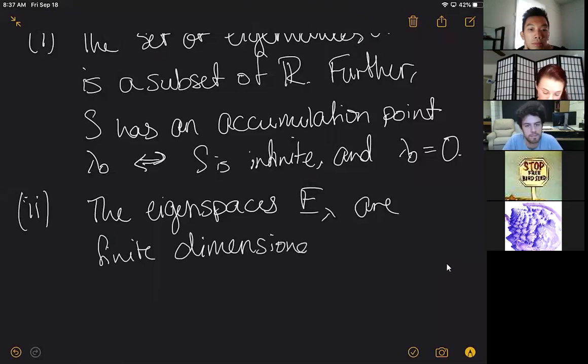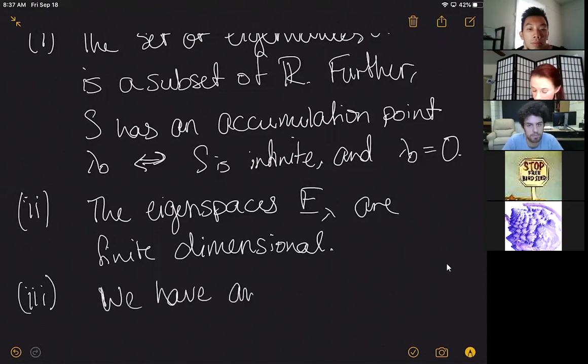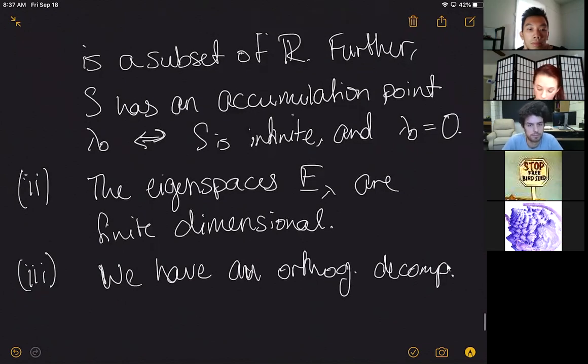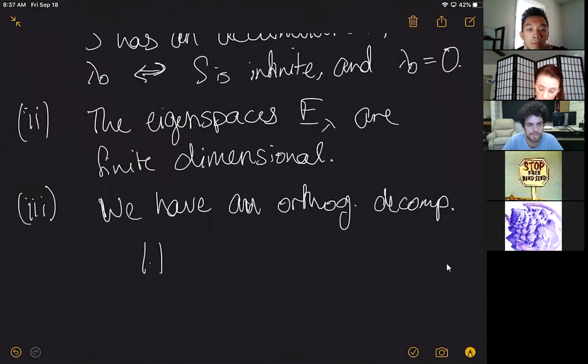And number 3, we have an orthogonal decomposition of our Hilbert space according to these eigenspaces. Okay.